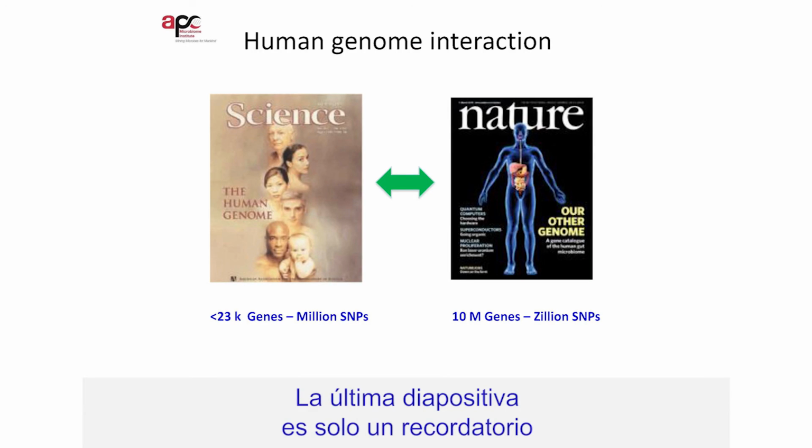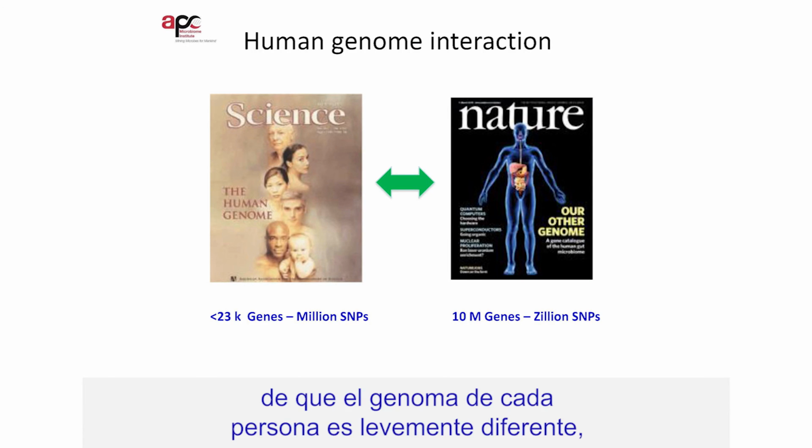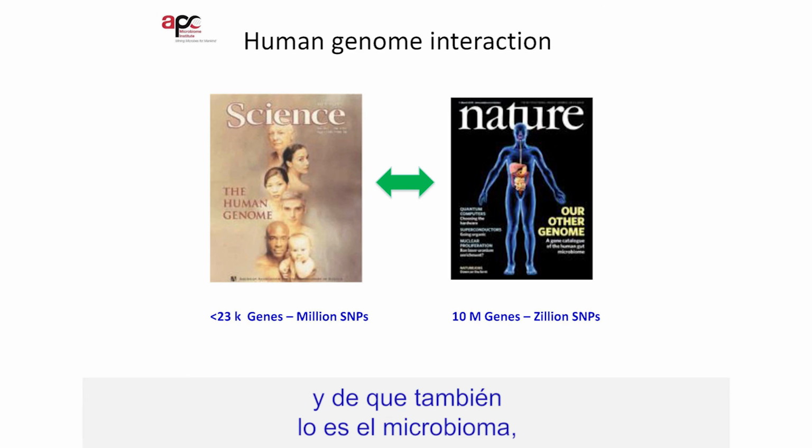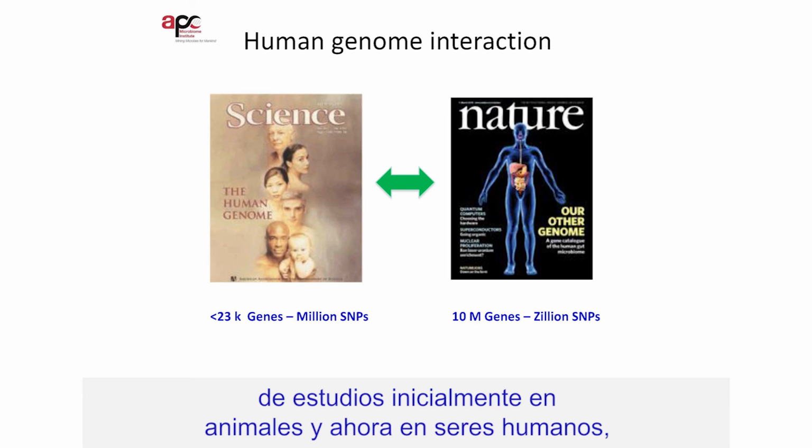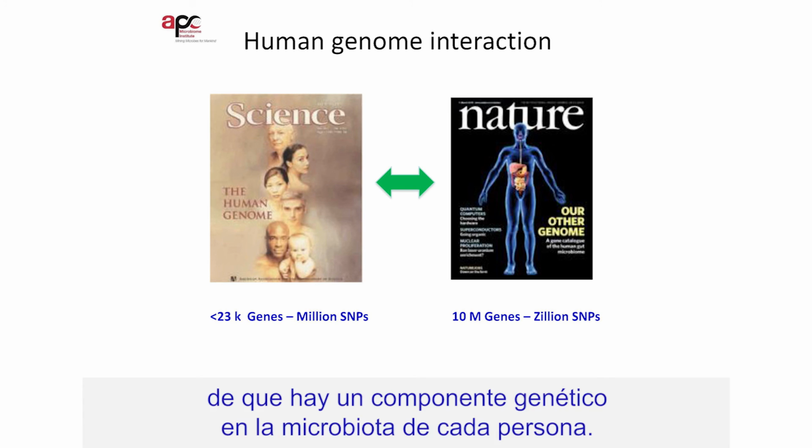The last slide is just a reminder that we all have slightly different genomes, and we all have different microbiomes. Evidence is emerging from initially animal studies and now human studies that there is a genetic component to the microbiota that you carry.